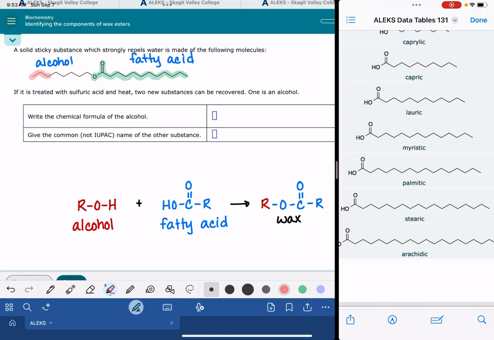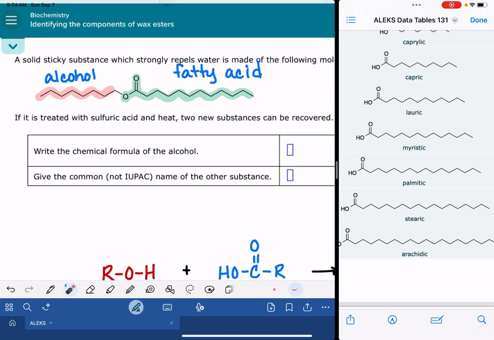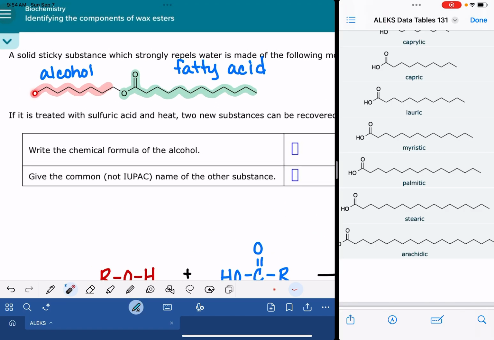And ALEKS wants us, for the alcohol, to write its chemical formula. So this is going to be CH3, and then we have 1, 2, 3, 4, 5, 6, 7 CH2s.